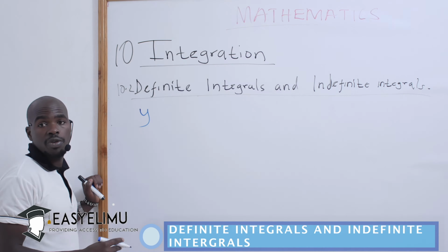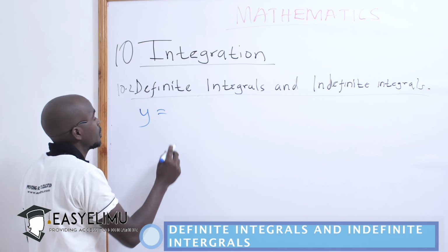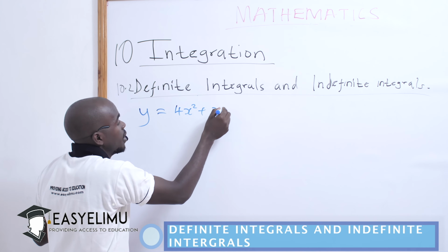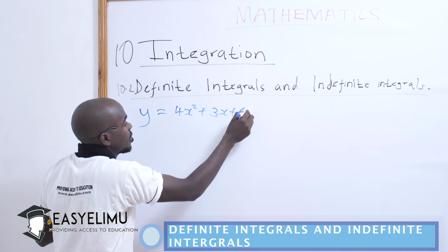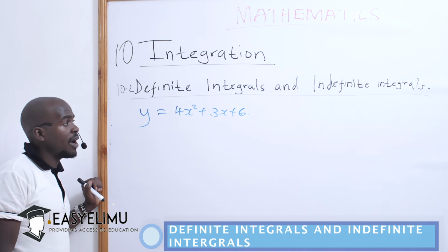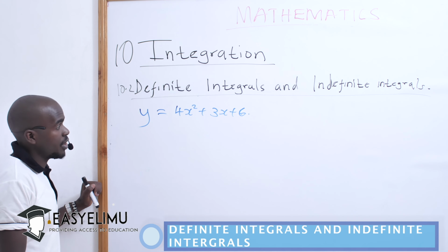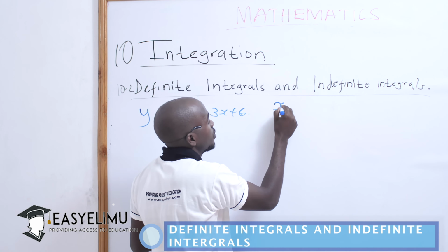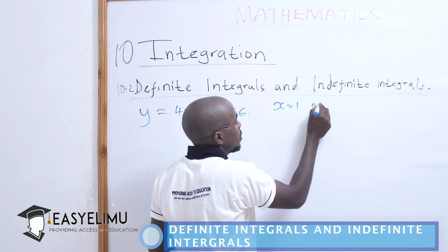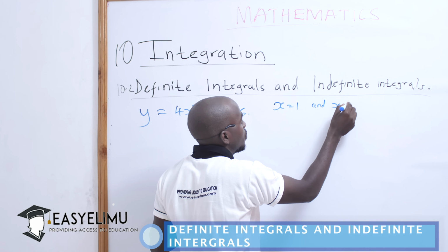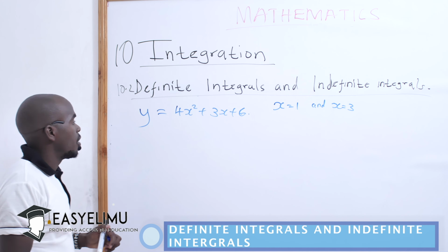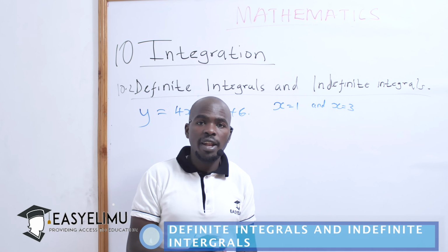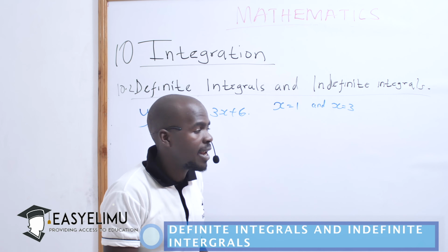In case you have been provided with y as the equation, for example, y equals 4x squared plus 3x plus 6, and you are told to find the integral of that one, or the area that is between x equals 1 and x equals 3, then to find the area of that one, it really means we have to find the small areas under the curve.